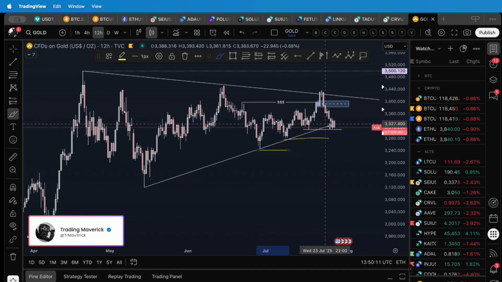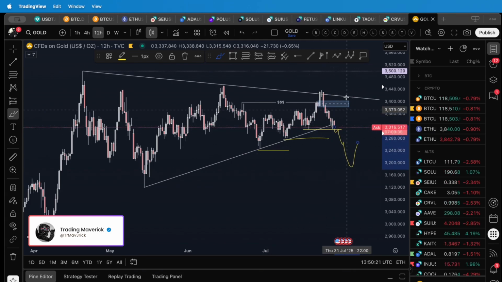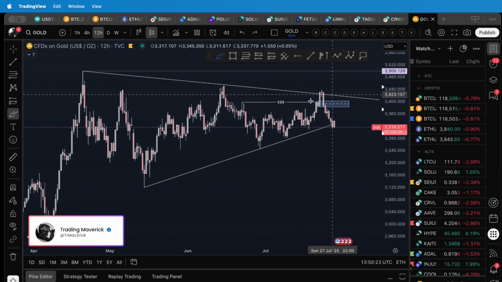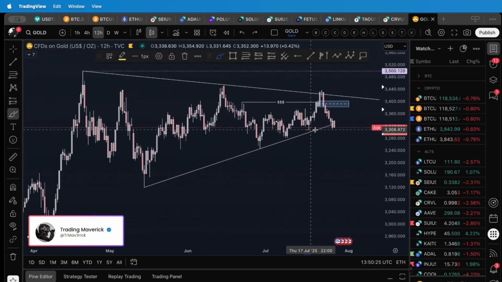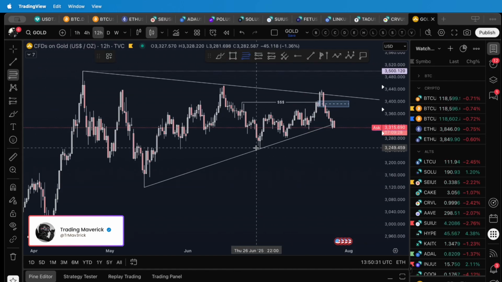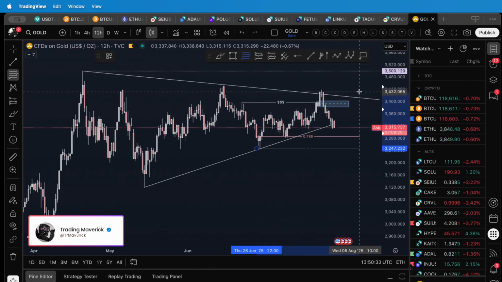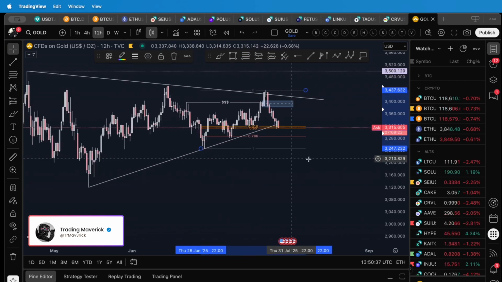You have 3 lows basically, so you could see gold just nuke even more, take these lows out and all lows before going up. In my opinion, these lows are definitely getting a sweep. Maybe we can use Fibs, something like this. Probably it's coming a little bit lower.